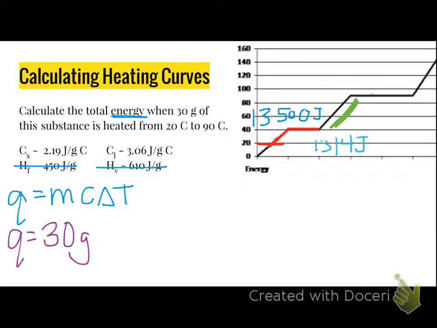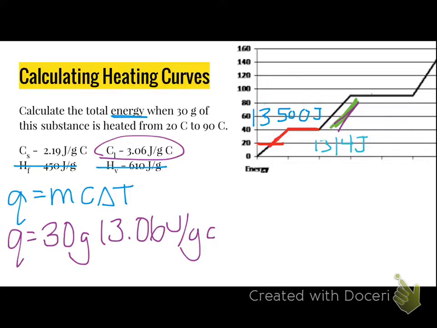My mass is still 30 grams. Now which C do I use? Well, when I'm up here, I'm in the liquid phase. So I'm going to use this one, my specific heat of the liquid, 3.06 joules per gram Celsius, times my temperature change. Well, I'm starting out at 40 and I'm going to 90. So my temperature change is now 50 degrees C. So units, Celsius cancels, grams cancel.